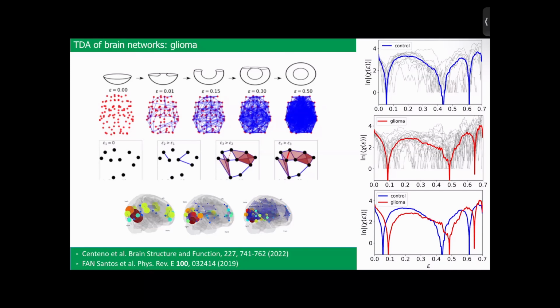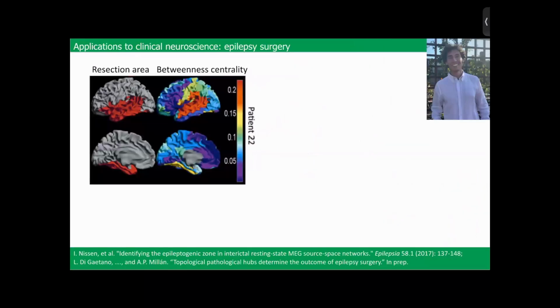With this type of measure, what they found is that they could, at the group level, distinguish the two cohorts, the healthy individuals from the patients. However, you cannot use this to predict individually which patients will perform how. So for that, we would still need to improve or think of better, different methods.